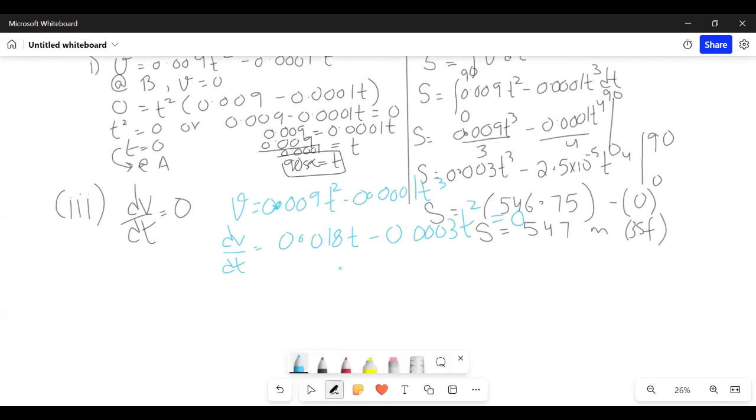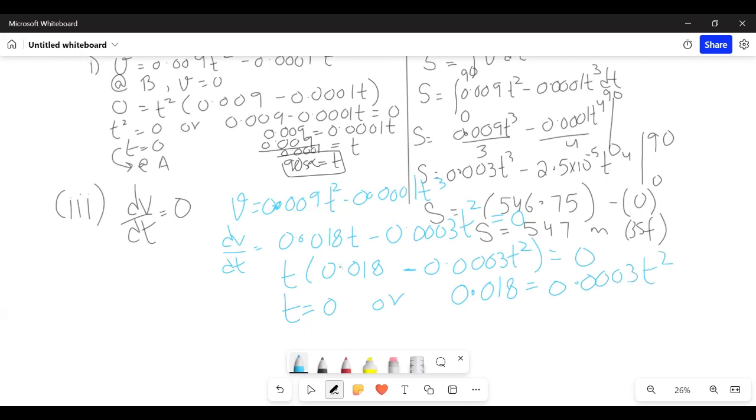Now take t common: t times (0.018 minus 0.0003 t square) equals 0. So t equals 0, or 0.018 equals 0.0003 t square.